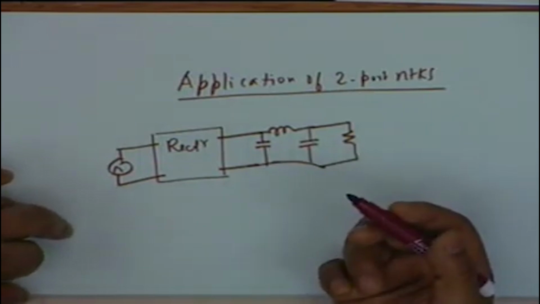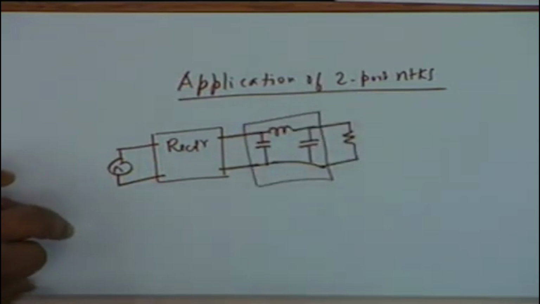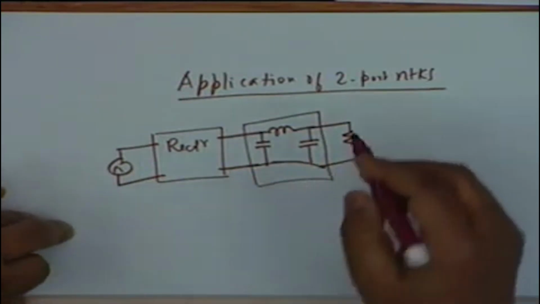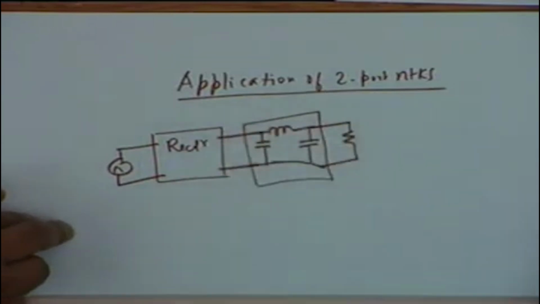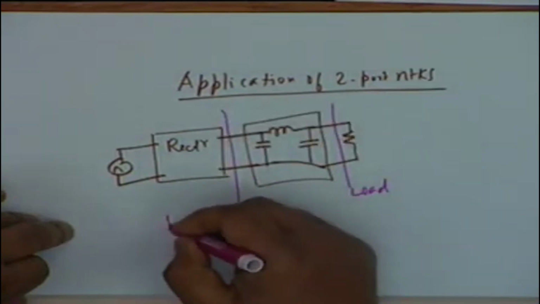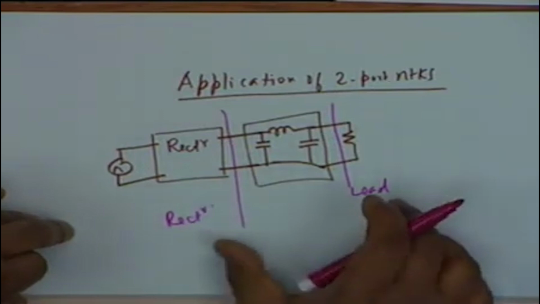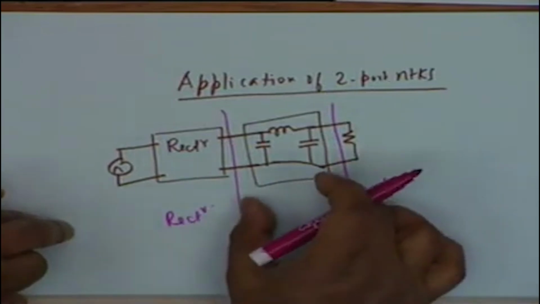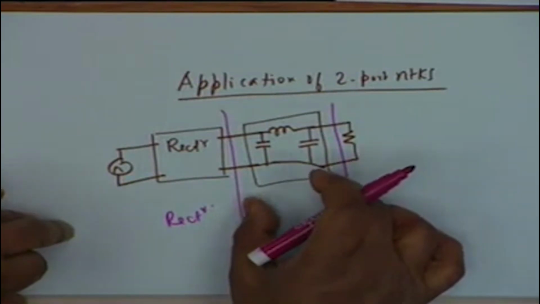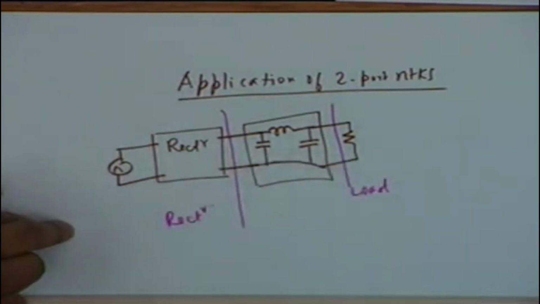Now the filter is obviously a two port network. So a two port is used to couple the system, which is the rectifier, to the load. This is the load and this is the rectifier. So the filter, or the two port, acts as a coupling network. It couples one system to another.